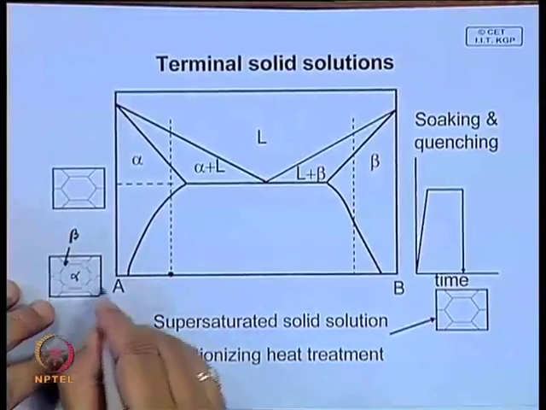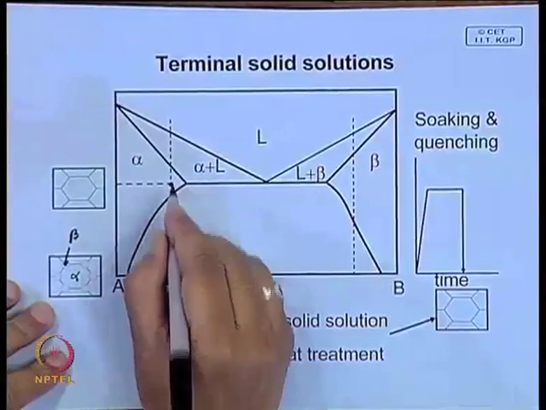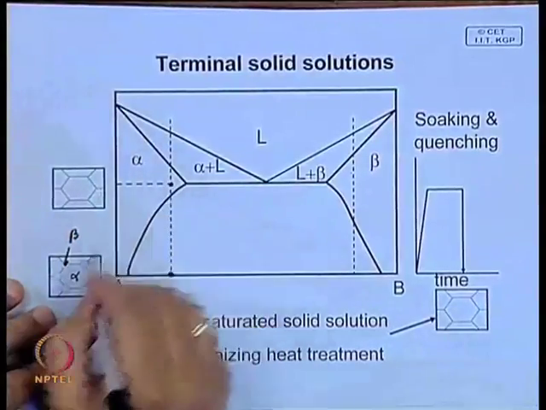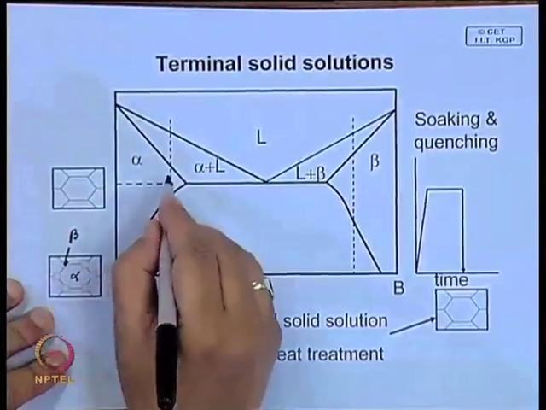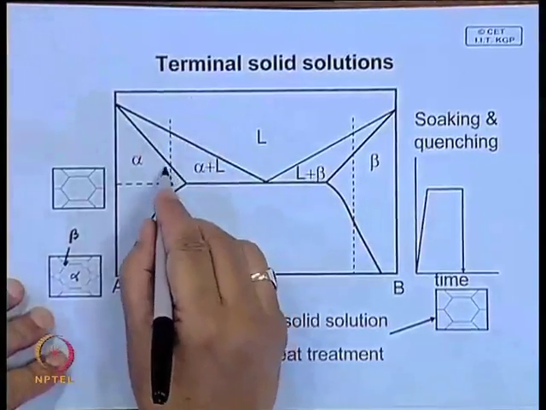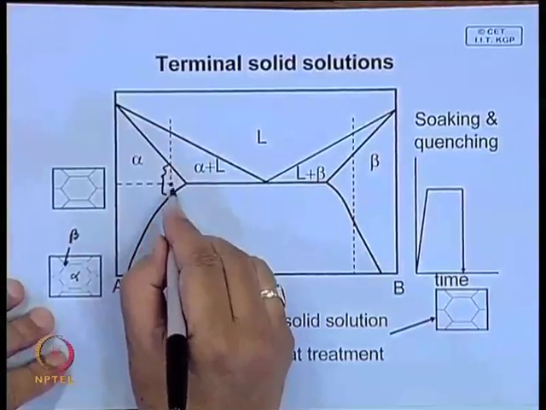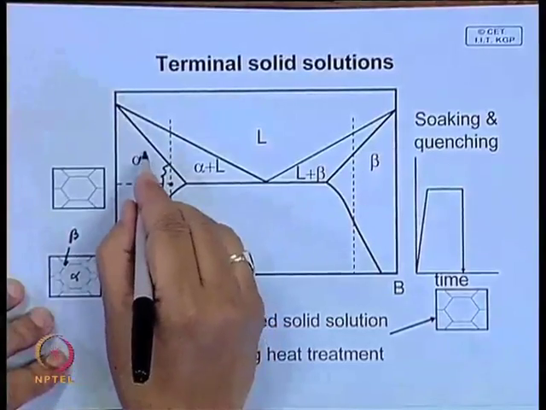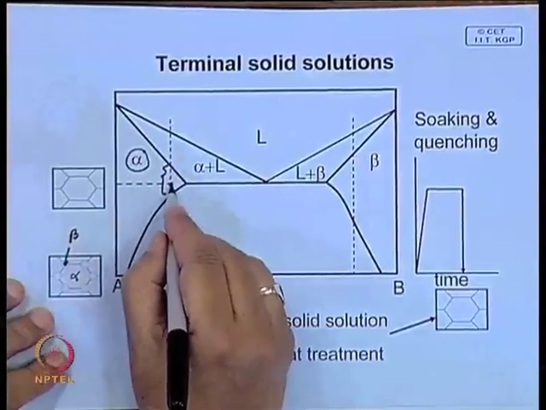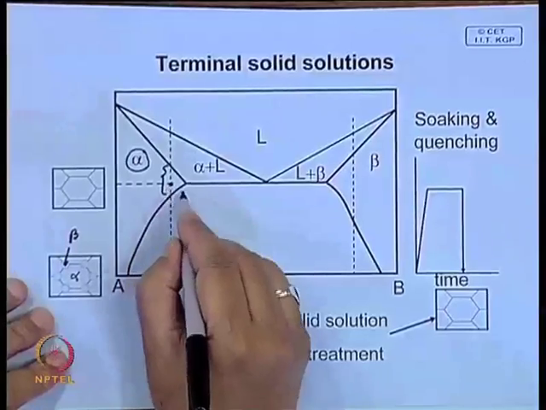Now, suppose you heat it to this point. What happens if you keep it for some time? The beta will dissolve, because the phase diagram says that this is the region where the same alloy should exist in a single phase form. And now, suppose you cool it very fast.